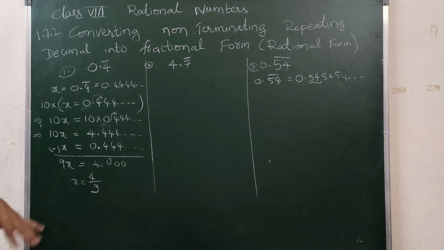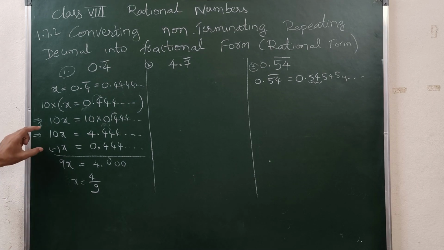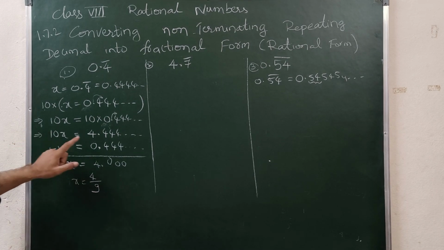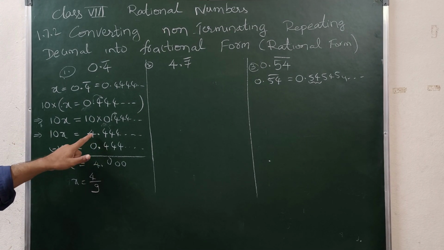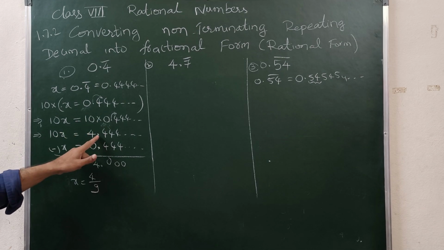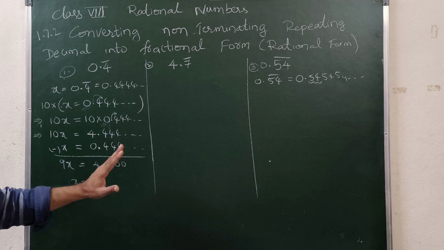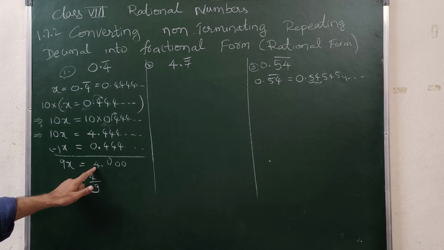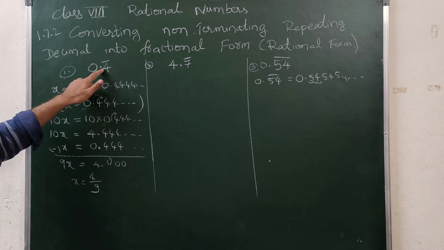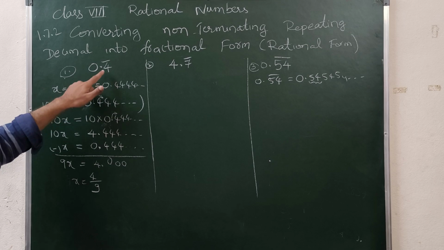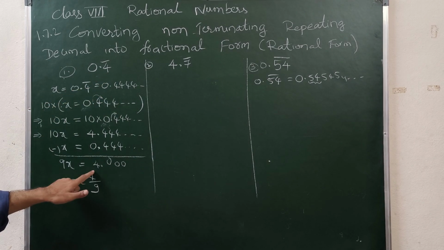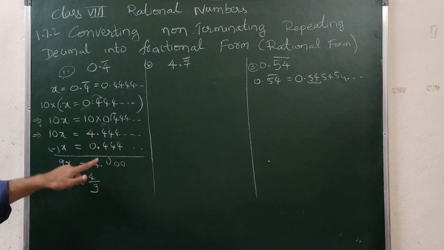If you observe the last two steps, the decimal point moved one place to the right, becoming 4.444..., so all of those cancel and just one 4 remains. 0.4 was there, 4 remained. If it is 0.5 bar, 5 will remain; if 0.6 bar, 6 will remain.